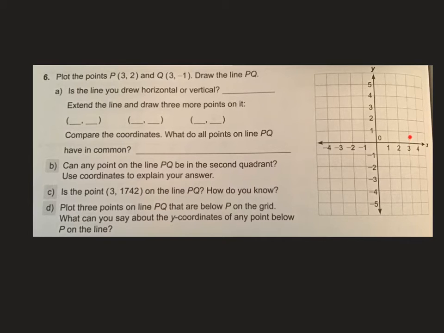So it would have an X value here, and then it would go up really high over here. Would it still be part of that line? How do you know? And then plot 3 points on line PQ that are below P on the grid. And what can you say about the Y coordinates below point P? So below this, what can you say about all of the Y coordinates that are going below it?